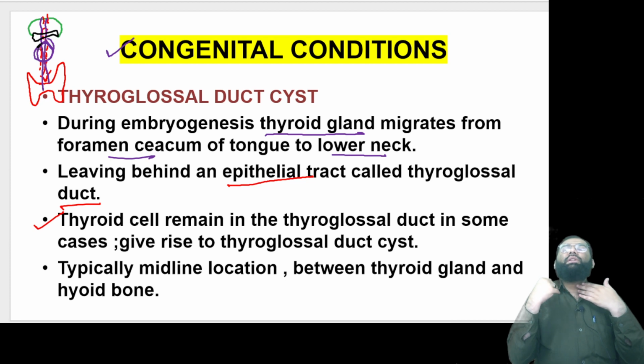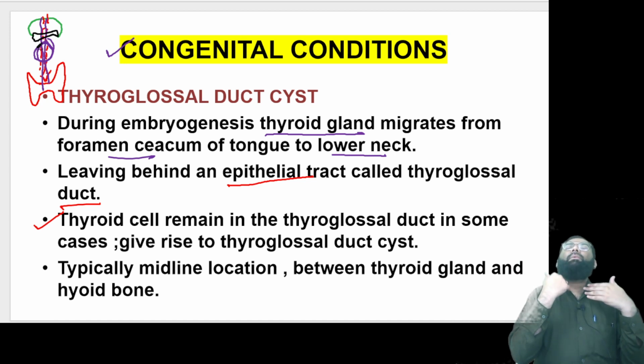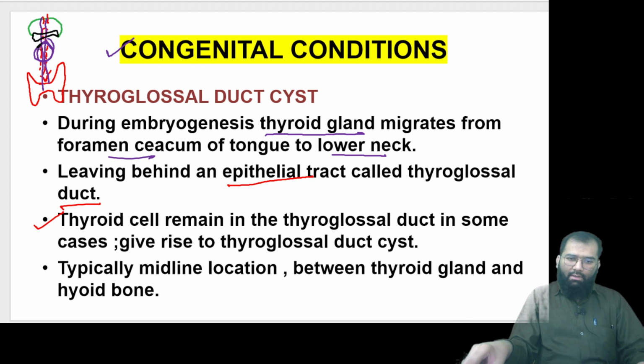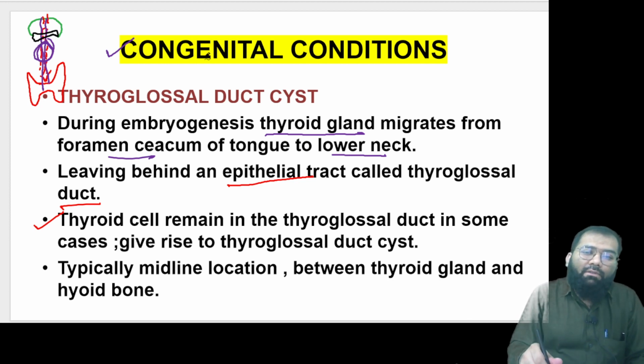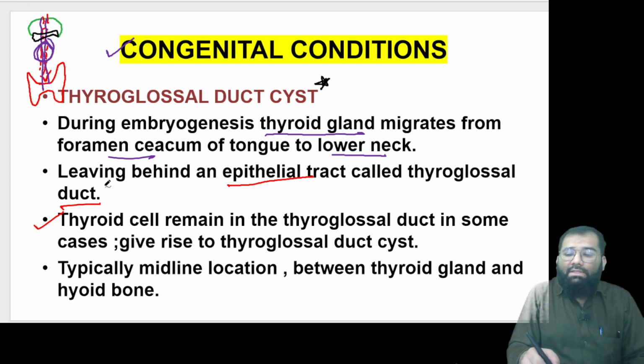Extend the neck, protrude the tongue. This is what you ask the patient to do. And if you see that swelling moves up and down with movement of the tongue, then that is a very important positive tongue sign. So that is very classical of thyroglossal cyst. Okay, thyroglossal cysts move on movement of the tongue.